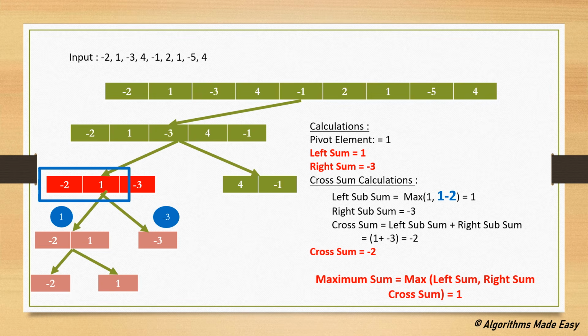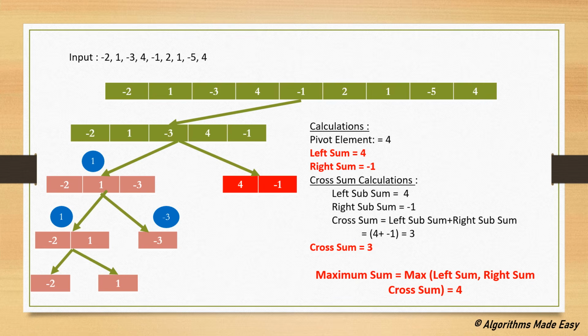The second left subsum will be the sum of pivot and its left element. So, the left subsum becomes 1. As -3 is the single element, the right subsum would be -3 and the cross sum would be -2. Maximum of all is 1.